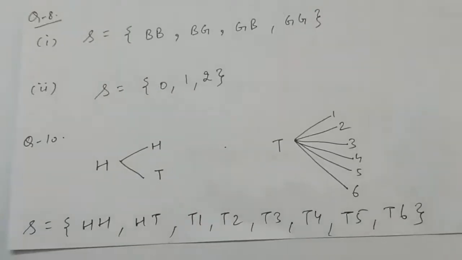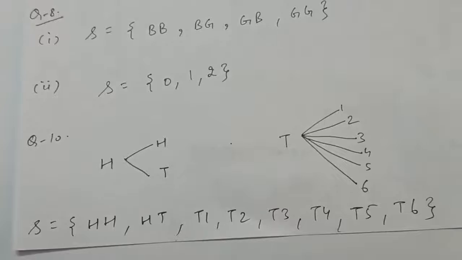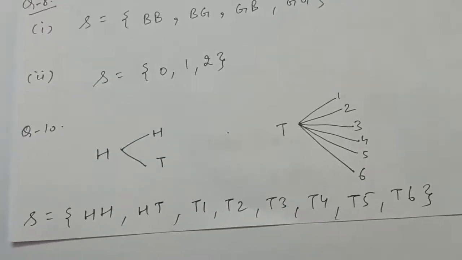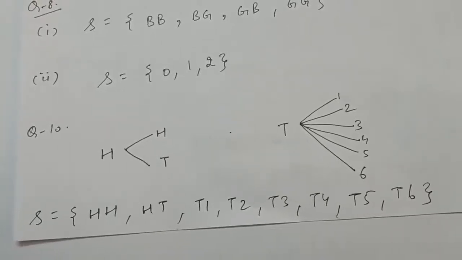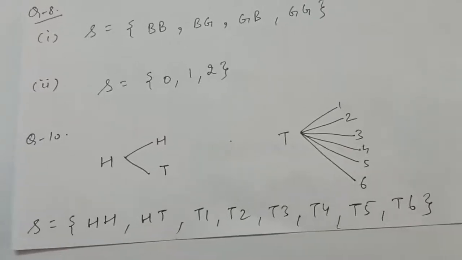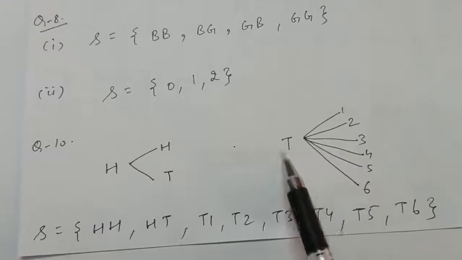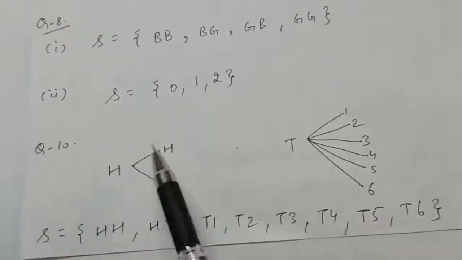See, in question number 10, they have said that a coin is tossed and then, throwing it a second time if a head occurs, and if tail occurs, then a die is rolled once. Find the sample space. So when you toss a coin, it can be either head or tail, right? And now they have said if head appears, then toss the coin again.